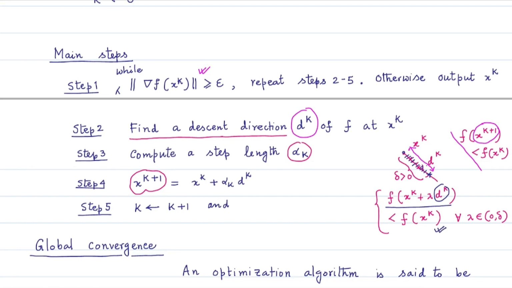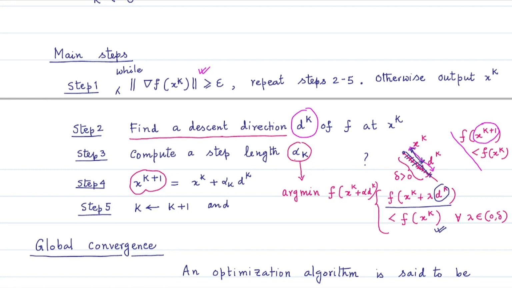Therefore, which point out of all these points and accordingly which step length is to be chosen, that is a big question over here. As we are aiming for identification of a minimum point, what we commonly do is choose alpha k so that alpha k gives the minimum most value of the function f along the direction dk emanated from the point xk.